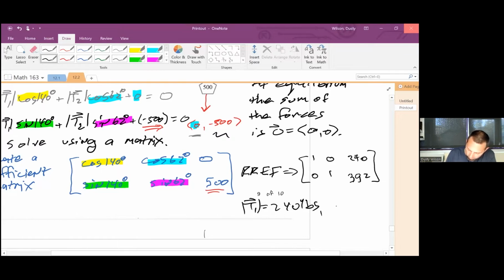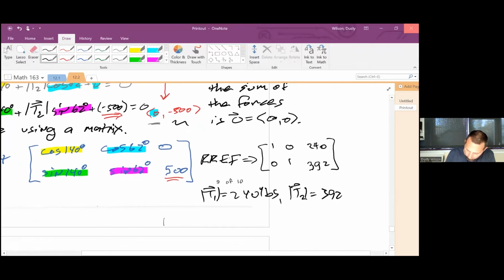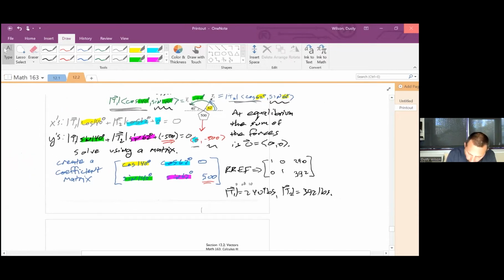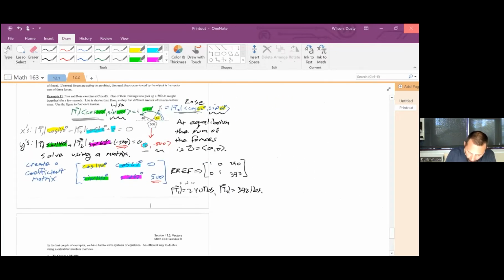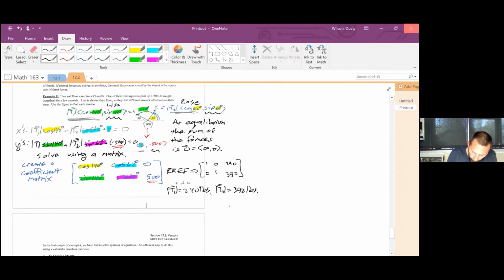And the magnitude of T2 is 392 pounds. Okay. In other words, if we go back to figure out which is which, we're saying that Rose lifted 392 pounds and Lisa lifted 240 pounds.